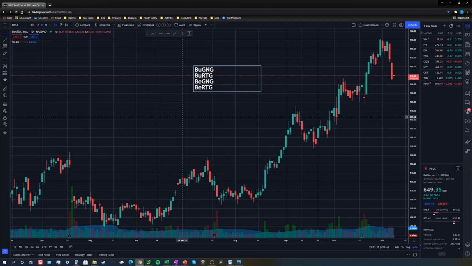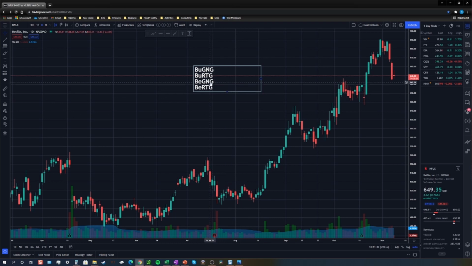Okay, so what a bullish gap and go is, I'm trying to find one on this chart. I don't really see one on this chart. Oh, yep, here's one. Bullish gap and go. So what a bullish gap and go and bullish retest gap, all that means is the gap was up, okay? The gap was up.